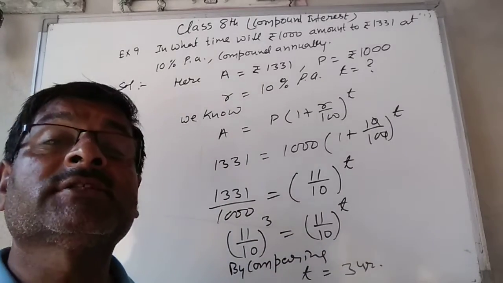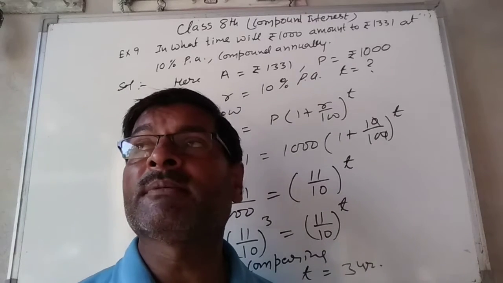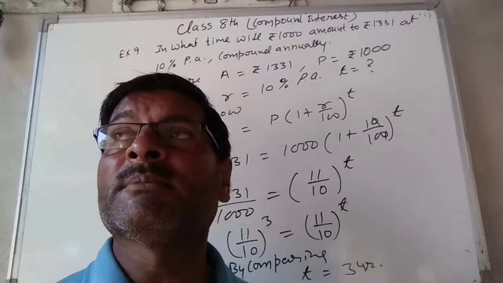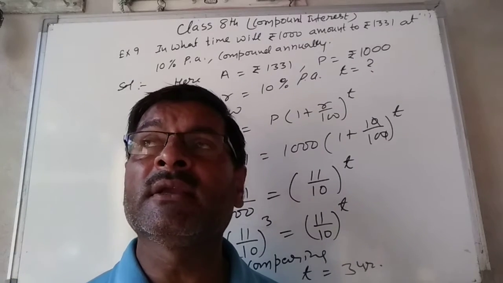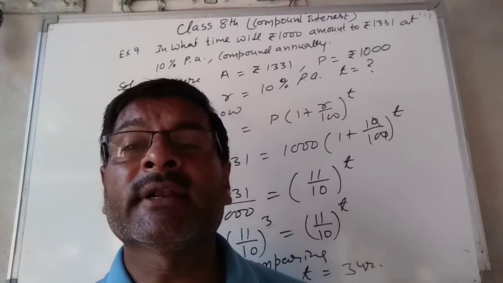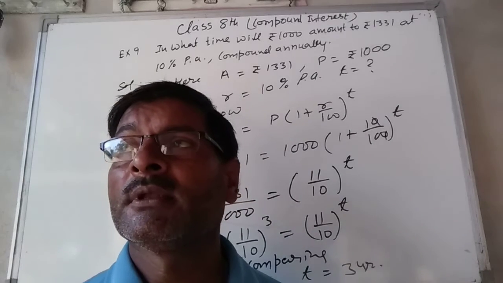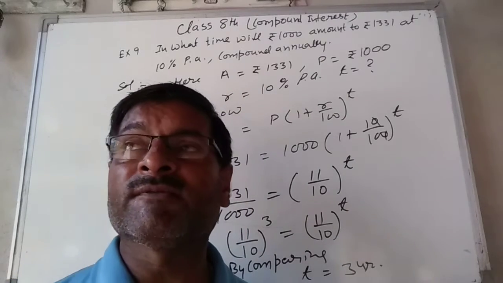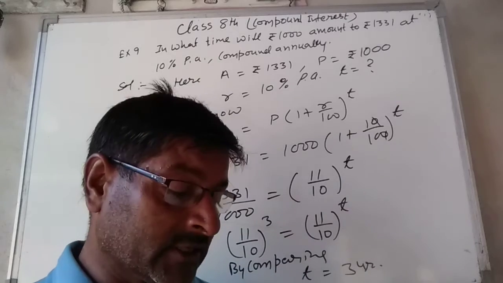Second, when the difference of the simple interest and compound interest is given, we let the principal be rupees 100, then find the SI and CI from the given rate and time, and find the difference. Using the statement, we can find the sum.